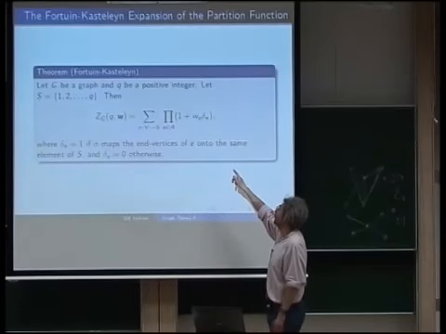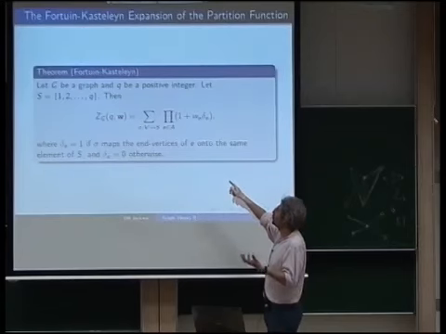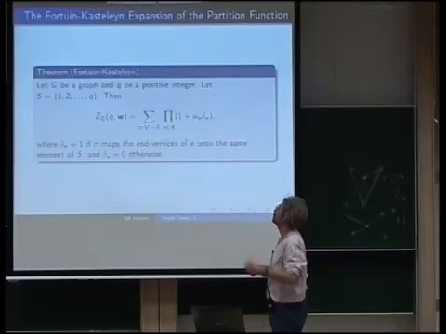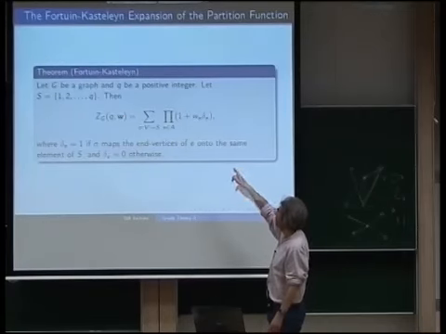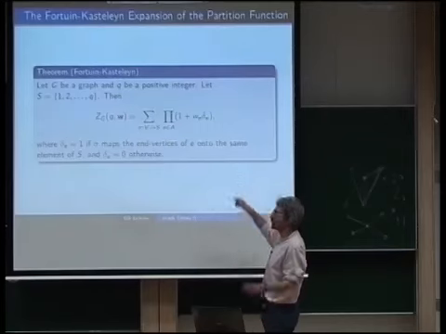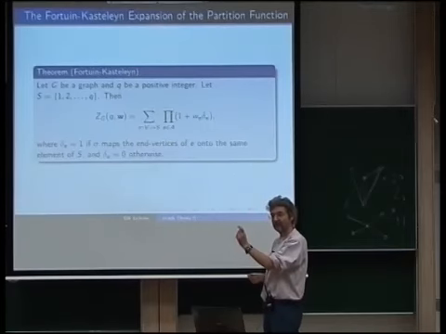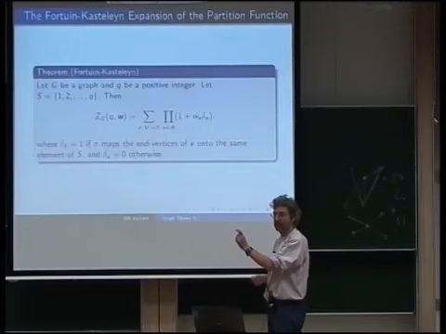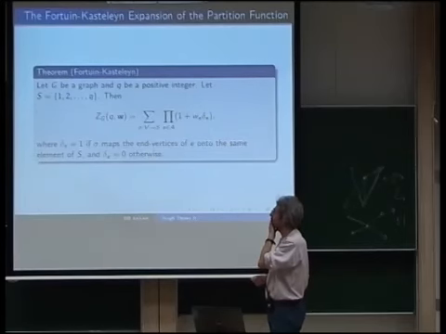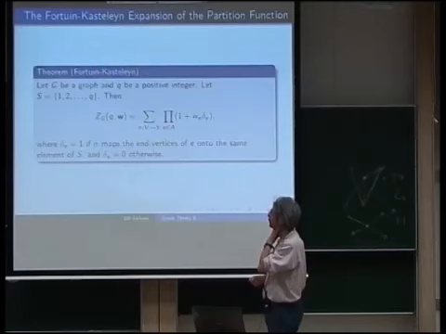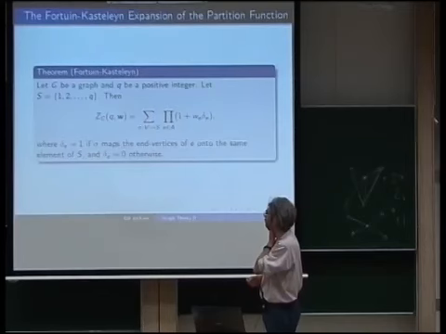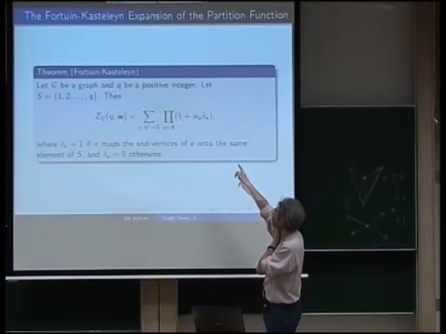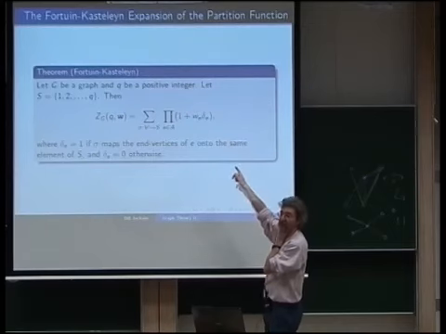And then we take a product of weights of edges, but the weight of an edge depends on whether the end vertices of the edge get the same color or different colors. So if they get the same color, then the Kronecker delta is 1, so we get weight 1 plus w_A.